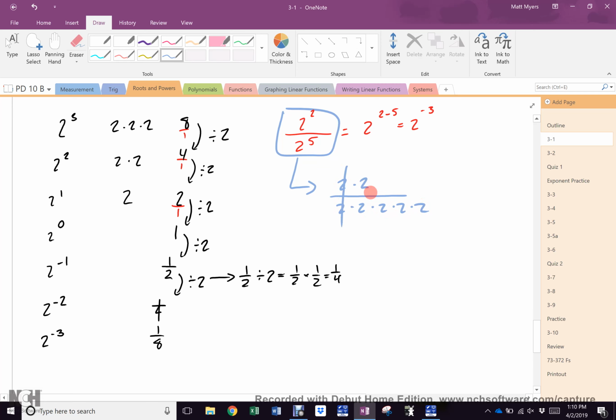Cancel. What do these 2's do? Cancel. What's left? 1. Because 2 times 2 times 1 is still 2 times 2, yes? So I'm left with 1. What is left down here in the denominator? 2 to the 3rd. 2 to the negative 3 is 1 over 8. 2 to the 3rd is 1 over 8. Everybody cool? Everybody good?